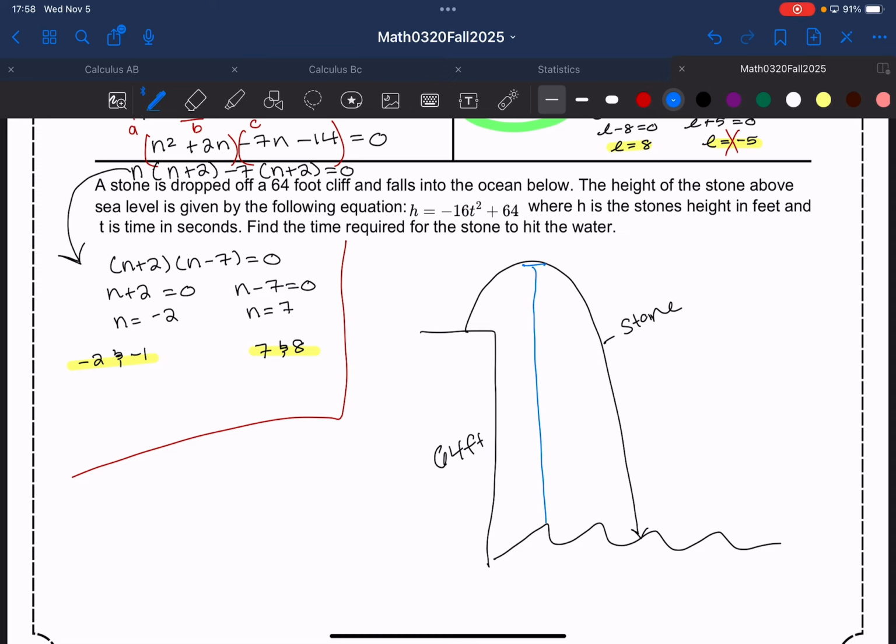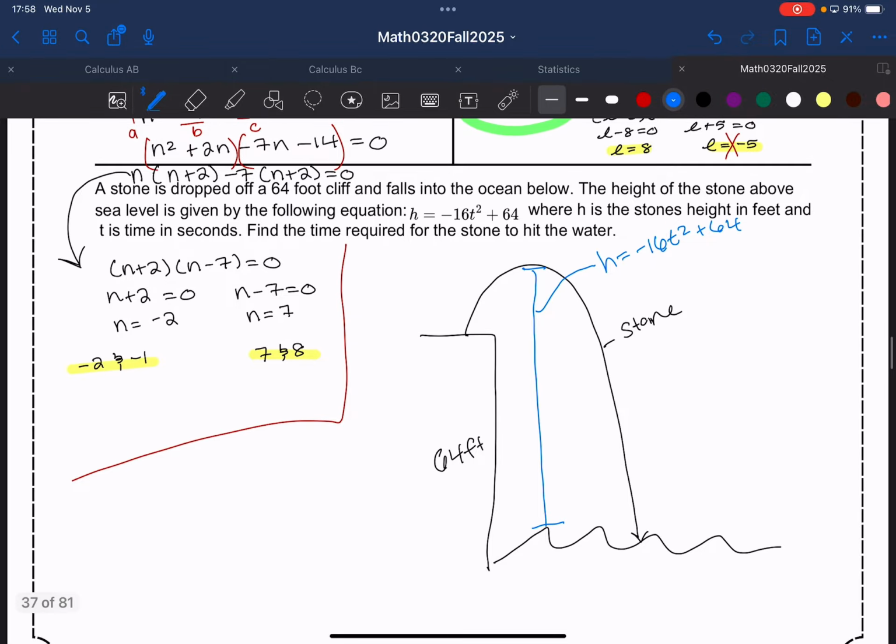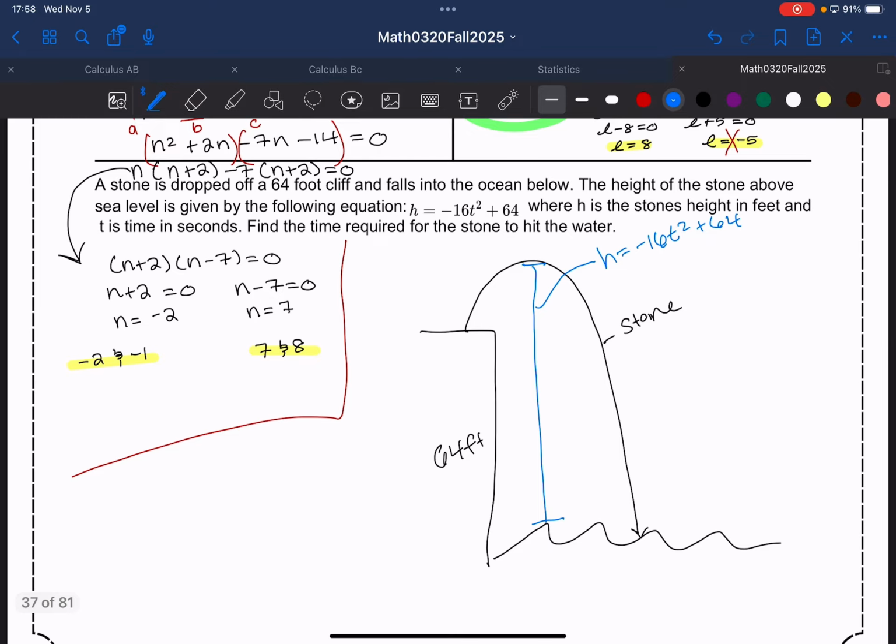So this entire space right here is going to be the equation h is equal to negative 16t squared plus 64. It says h represents the stone's height in feet and t is the time in seconds. Find the time required for the stone to hit the water.